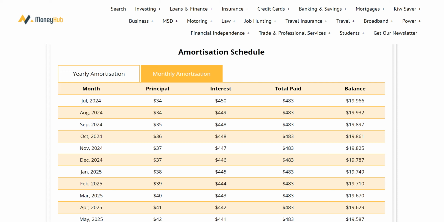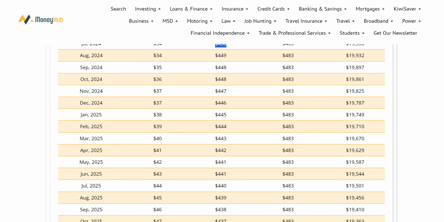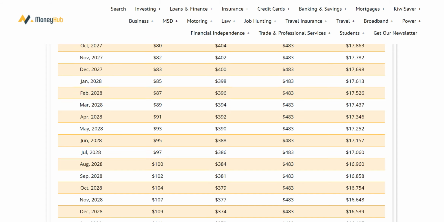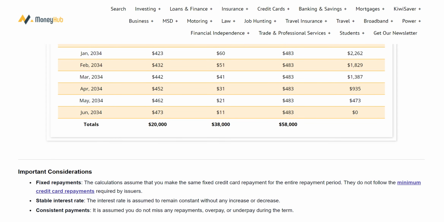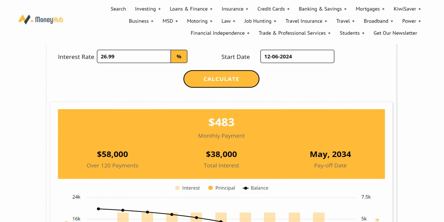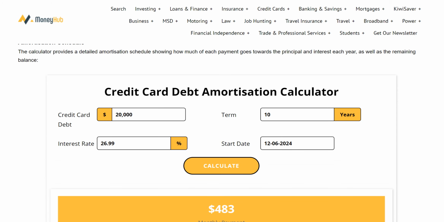So what we see here is that for the amount of interest paid, also for the total payment from that $20,000, most of it's going to interest, just because the interest rate's so high. And then consistently over the years, over 10 years, it eventually comes down where you can pay it all off. This is why these companies make a lot of money.